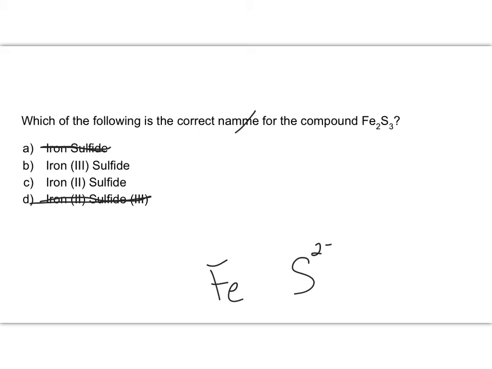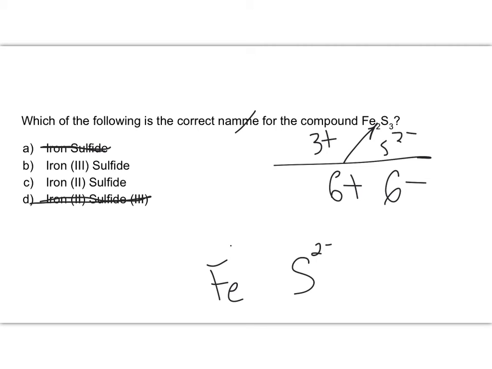So now we just need to figure out which iron we are talking about. Iron 3 or iron 2? Well, there are 3 sulfurs. Those 3 sulfurs have a charge of -2 each, which means a total charge of -6. If the total negative charge is 6, the total positive charge has to be 6. And the total charge divided by the number of irons, 6 divided by 2, gives us 3, +3.